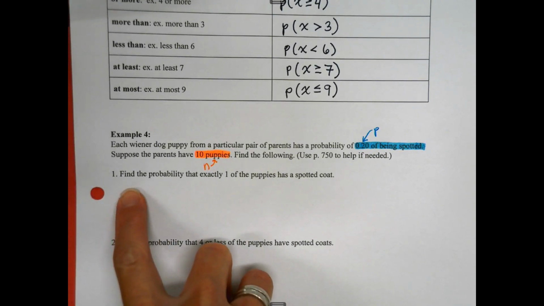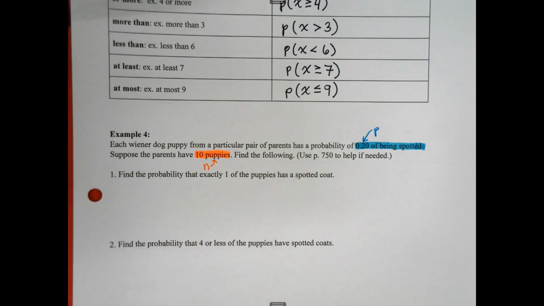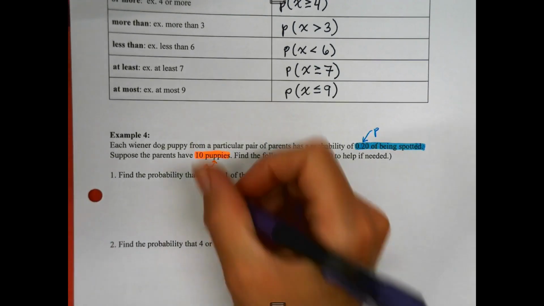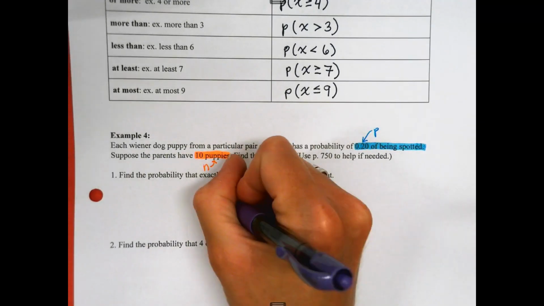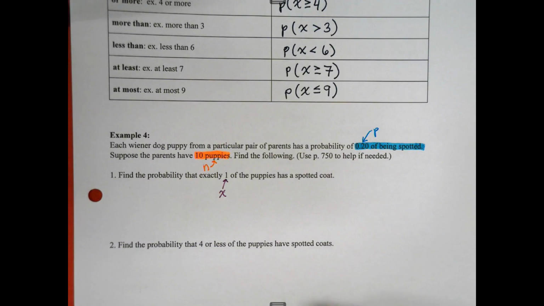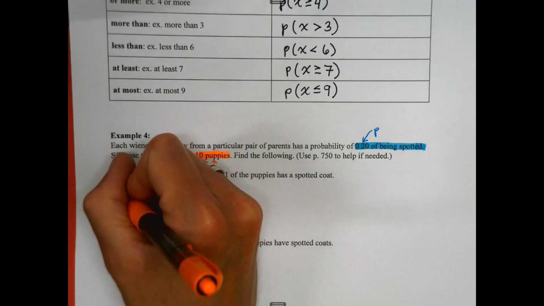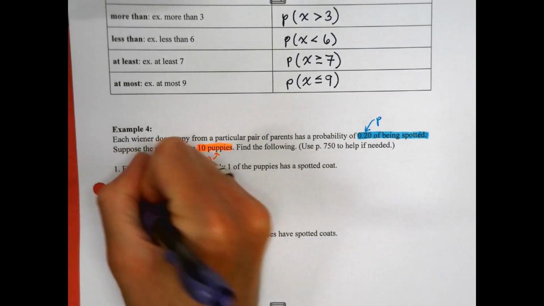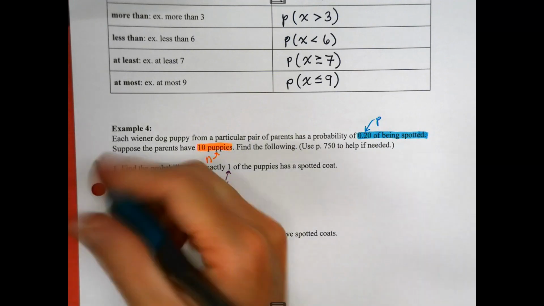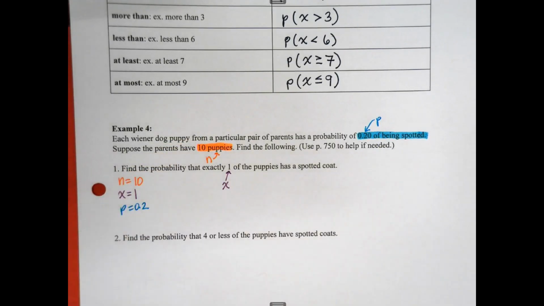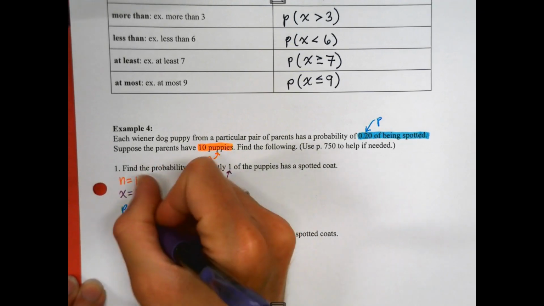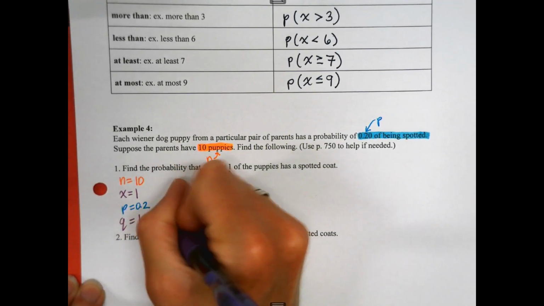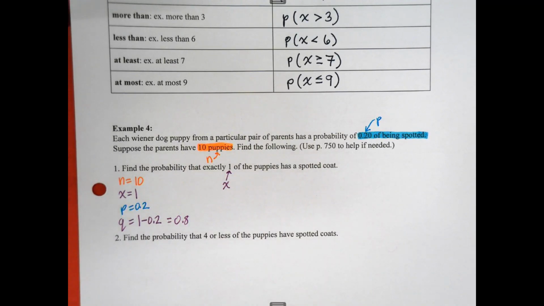Now, in part 1, it says find the probability that exactly one puppy has a spotted coat. 1 is our x. So in this problem, our n is 10, our x is 1, our p is 0.2, and our q is 1 minus 0.2, or 0.8. From there, all we have to do is use our formula and solve.